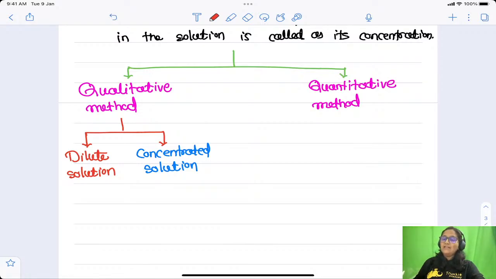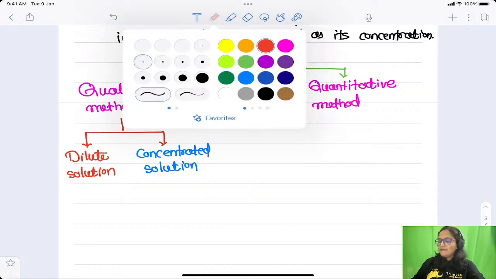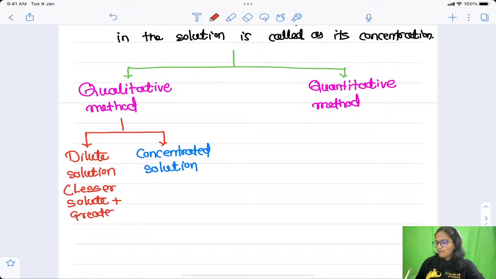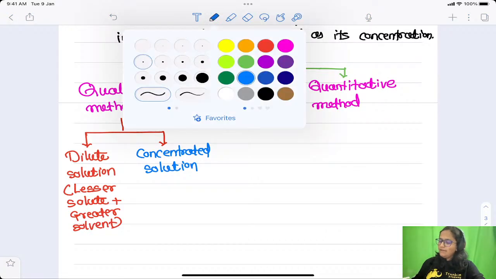Therefore, in a dilute solution, less sugar will be present and more water will be present. So a dilute solution has lesser solute plus greater solvent. That is the qualitative way of describing a dilute solution.